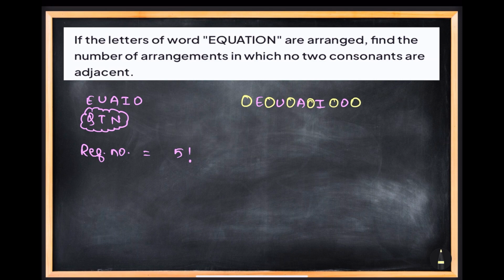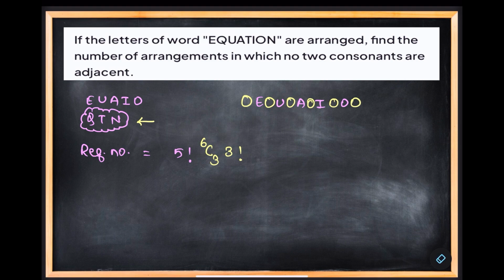So there exist 6 seats, and we need 3 seats. So we select 3 seats out of 6 seats, so 6C3. Now we have to arrange these 3 letters in 3 factorial ways. So this is the required number of ways in which these consonants will never come together.